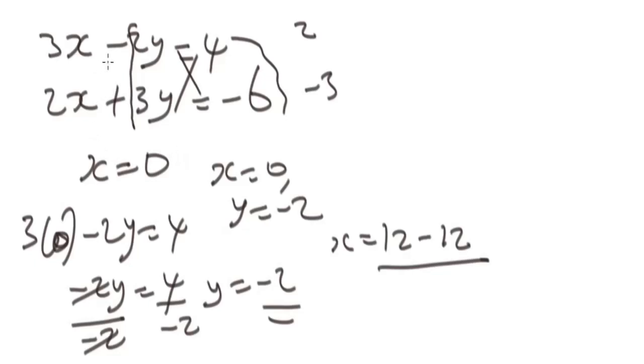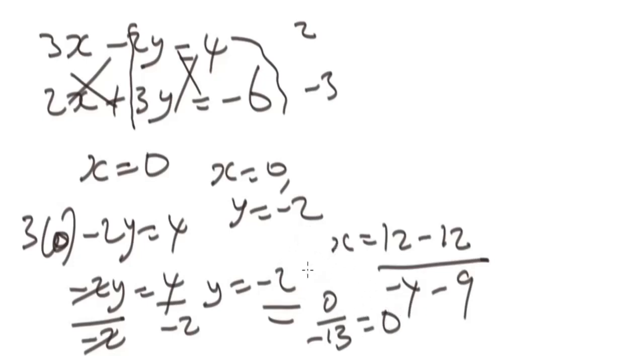Then you cross multiply again here. This 2 times this minus 2, we have minus 4. Then 3 times 3, we have minus 9. So when you simplify, you're going to have 0 over minus 13. 0 over minus 13 gives you 0. So as you can see, x is 0. Either way will work. Now let's verify these answers with the Casio calculator.